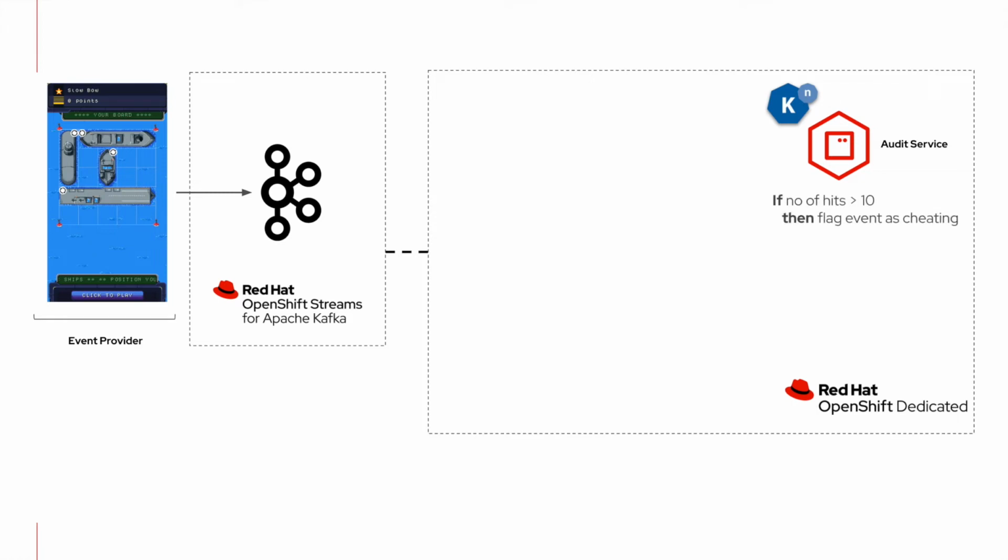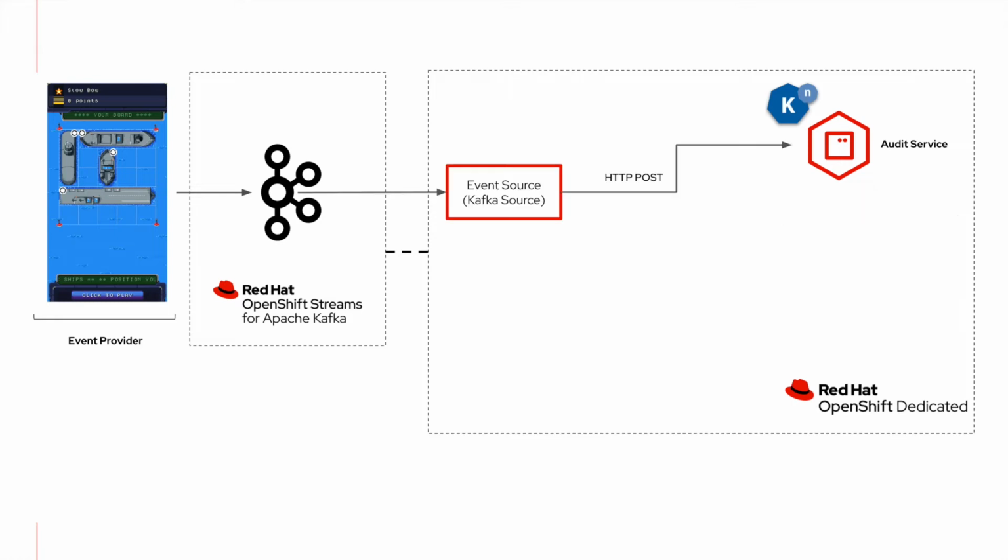For simplicity, we have set a rule to flag an event for cheating if it contains more than 10 hits.